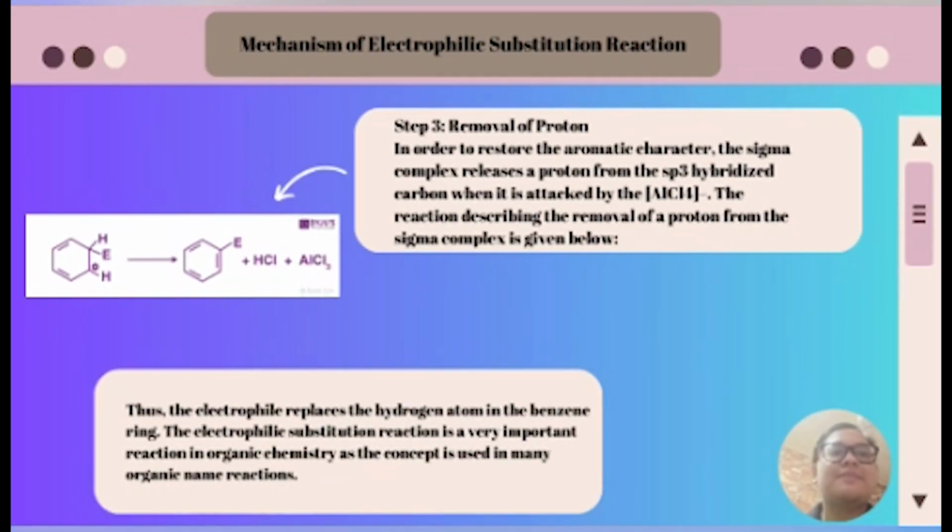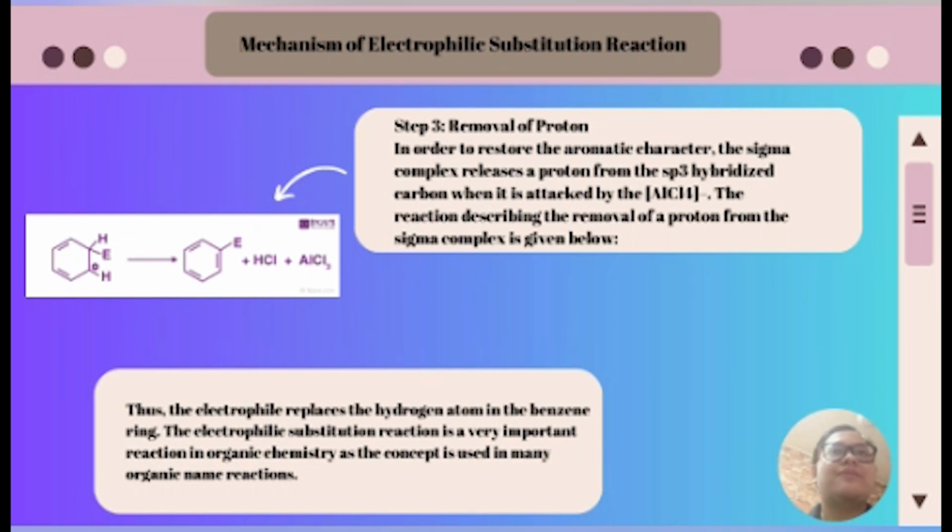The last step of the mechanism of electrophilic substitution reaction is removal of a proton. In order to restore the aromatic character, the sigma complex releases a proton from the sp3 hybridized carbon when it is attacked by the tetrachloroaluminate ion. The reaction describing the removal of a proton from the sigma complex is shown in the picture below.